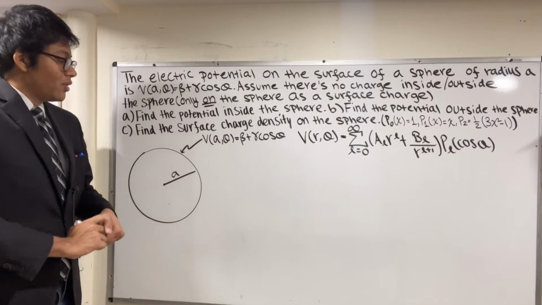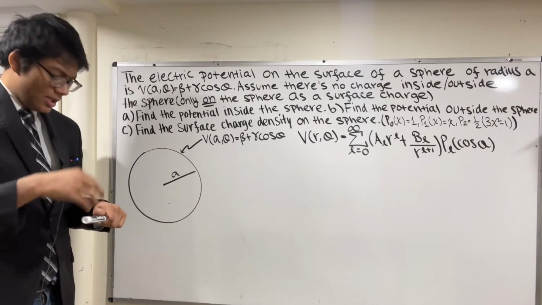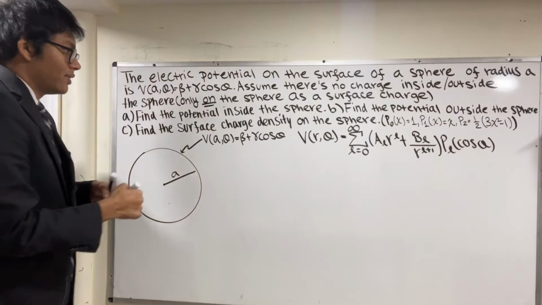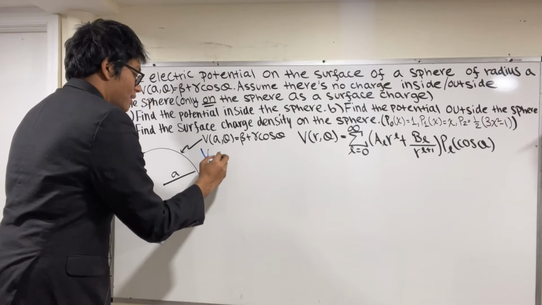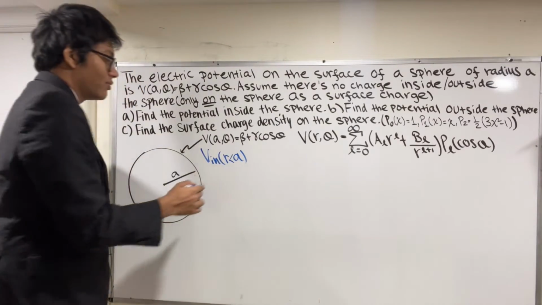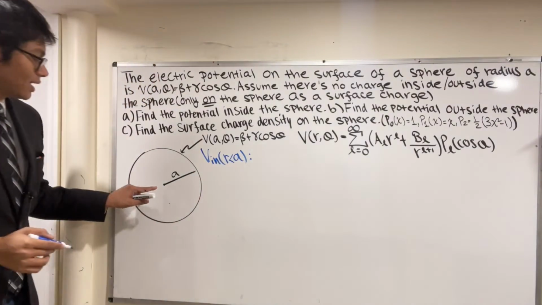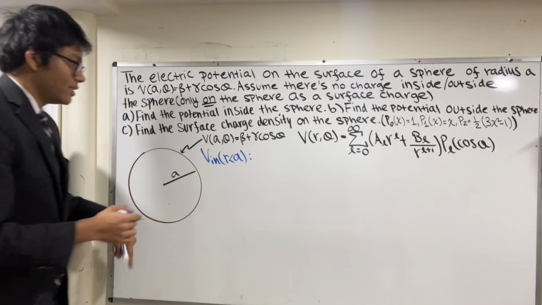So now, what is the potential inside going to be? Well, remember, the essential idea for the electric potential inside, V inside, aka R is less than A, is that we would like to prevent the potential from diverging as R approaches 0.